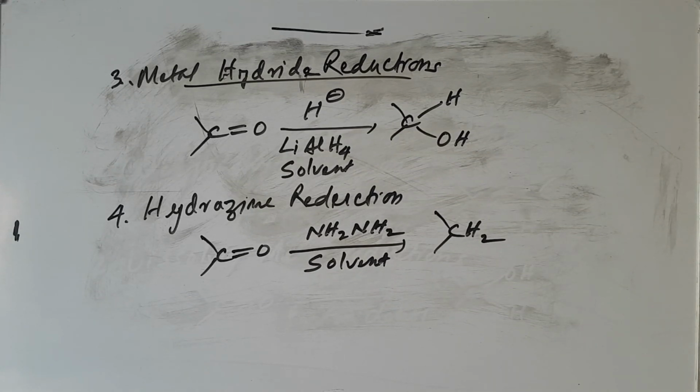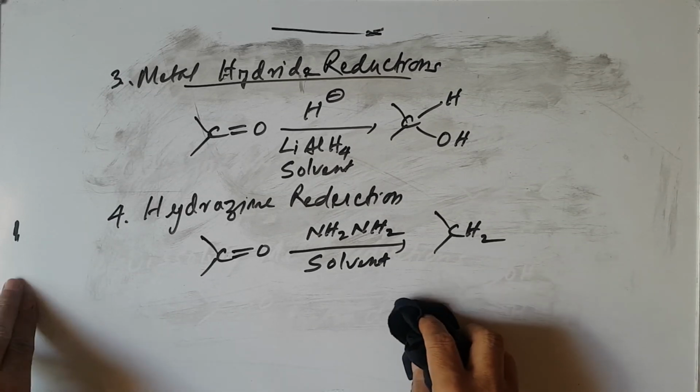The third is metal hydride reduction, using a metal hydride like lithium aluminum hydride in a solvent. The fourth is hydrogen reduction, where carbonyl compounds are converted to methylene compounds. Now let's see them one by one.